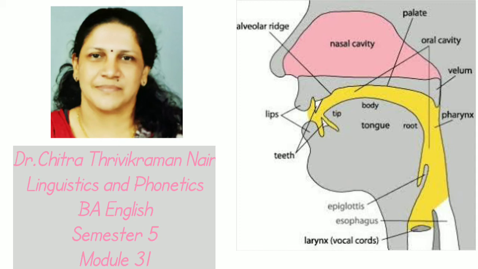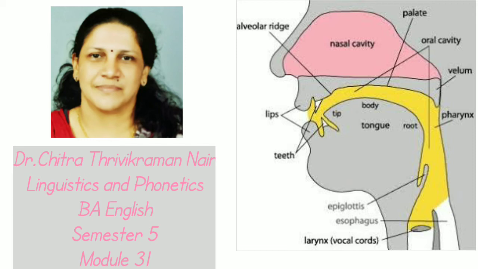It is located at the back of the roof of the mouth, immediately at the back of the soft palate. It is technically termed uvula, U-V-U-L-A. It is also known as the tip of the soft palate, with reference to its location on the soft palate. It is very soft and fleshy.